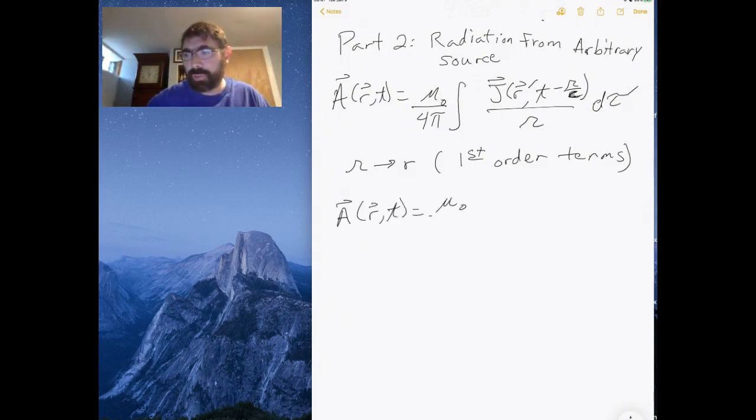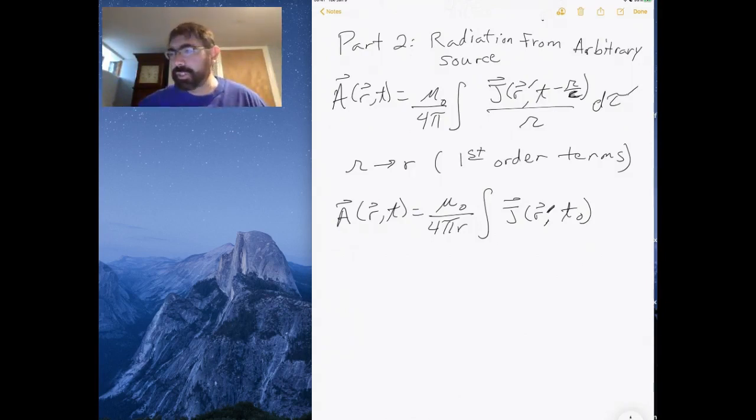So you get mu0 over 4 pi r times the integral now of the current density at a position r prime at a time t0. Again, we can do the expansion on the current density, integrating over the volume in the prime system.